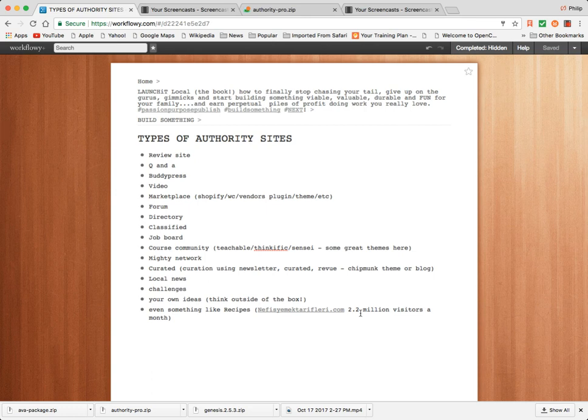So any of these ideas you can quickly and easily parlay into something that is authoritative, that is profitable, and that is fun to build, that becomes an asset for you, your family, your business, and gives you something that is tangible, that's not selling affiliate products on ClickBank or jumping from idea to idea or gimmick or guru to guru.